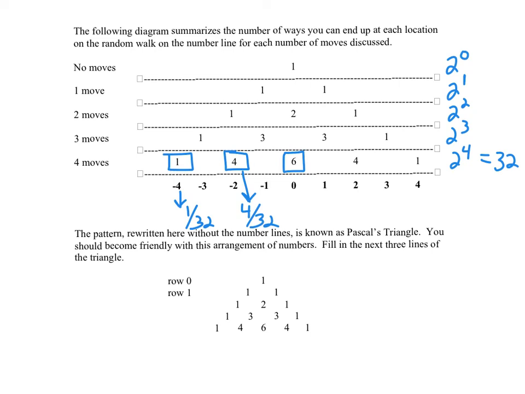This probability represents getting 2 heads or 2 tails, and there's 6 ways to do that. I'm not going to list them all, but you could get heads, heads, tail, tail, heads, tail, and so on. This probability is getting 3 heads.